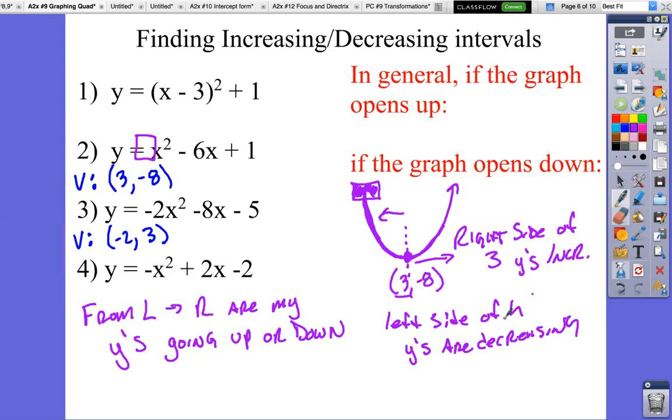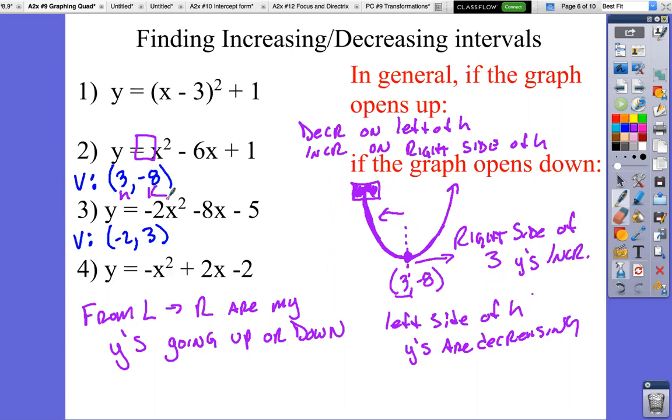So in general, if the graph opens up, it's decreasing on the left side of H. It's increasing on the right side of H. Remember, this is your H, that's your K. This is a lot of stuff to remember, but if you just stop and think about it, it does make sense.